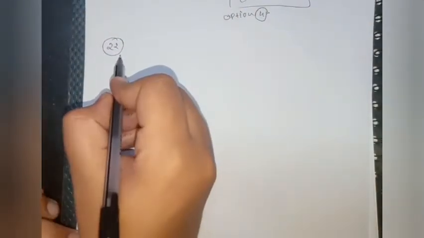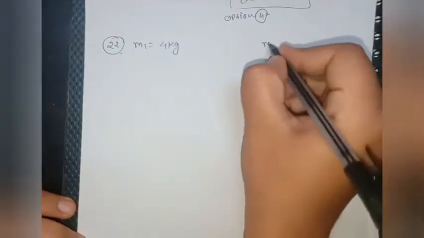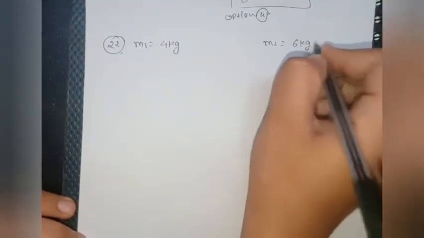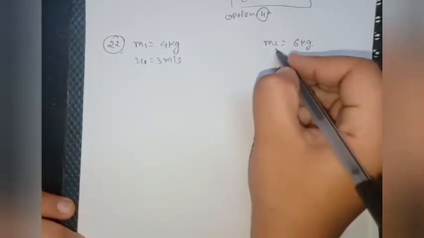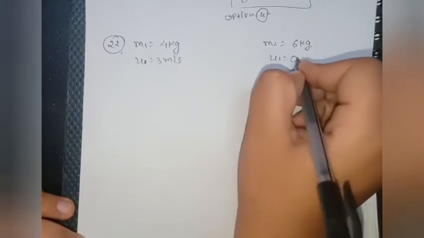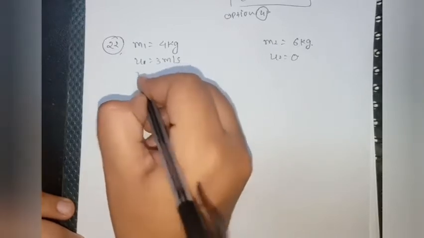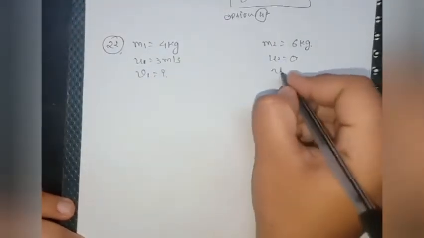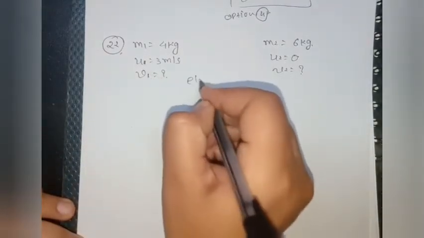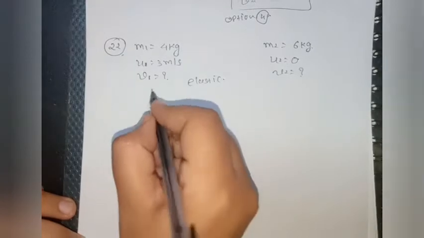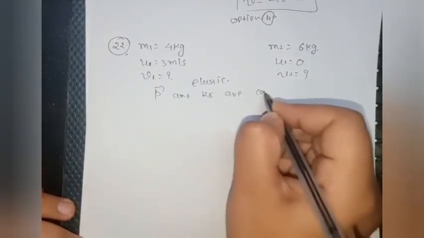Question number 22. There are two balls, one of mass 4 kg and another of mass 6 kg. This ball is initially moving with speed 3 meter per second and the 6 kg mass was initially at rest. They collide. We want to find speeds of both the balls after collision. Here the collision is elastic, so both linear momentum and kinetic energy are conserved.